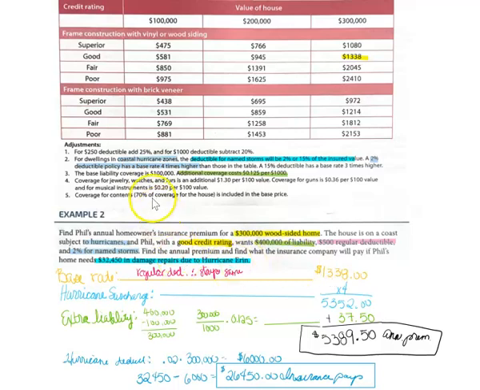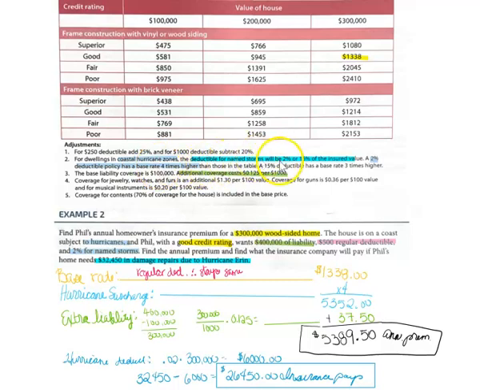But he lives in a coastal hurricane zone, so he has to pay a higher premium. He is choosing the 2% deductible right here, which says deductible for storms will be 2% or 15%. A 2% deductible policy has a base rate 4 times higher than those in the table.